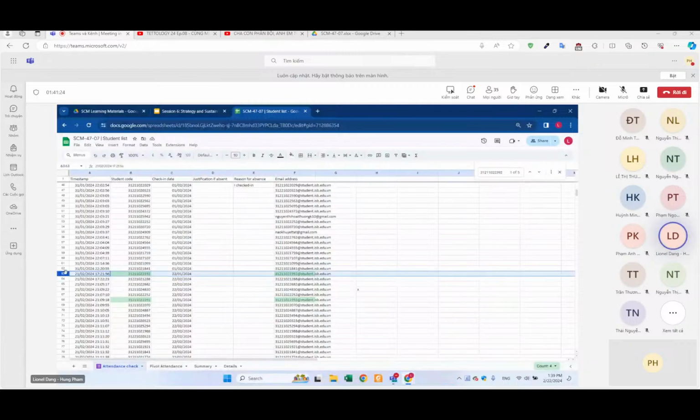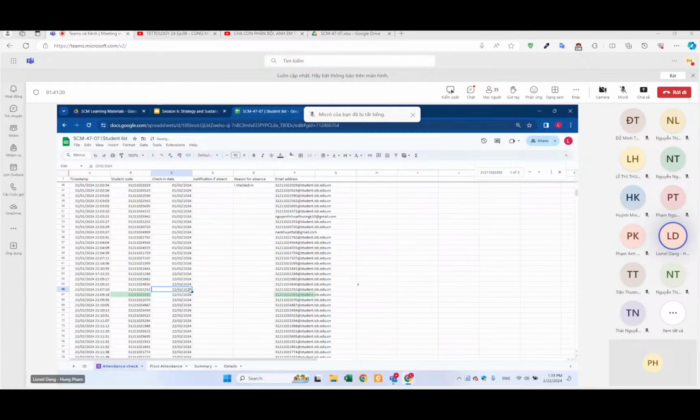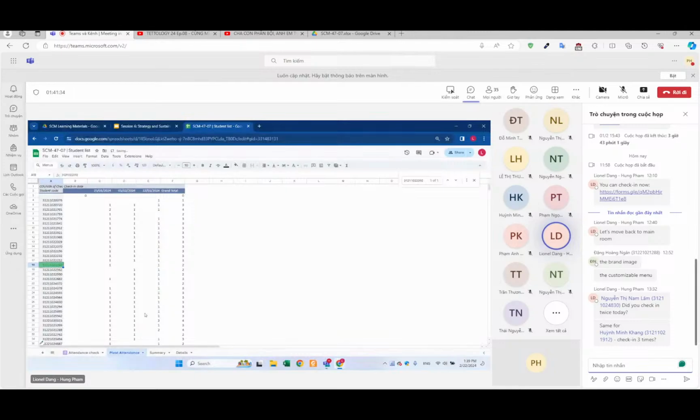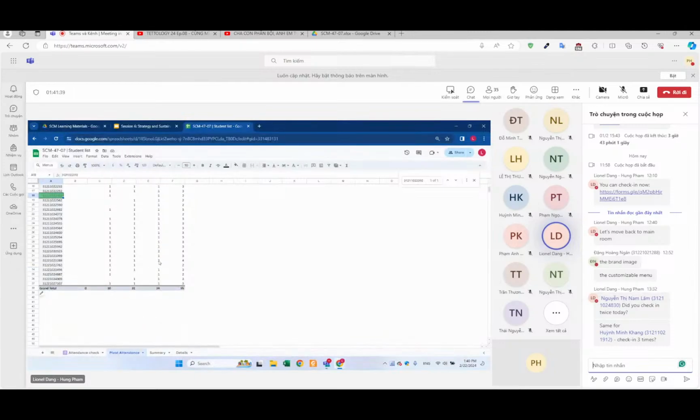So I just remove one for you, and then I will change this to February so it can be reported correctly. In order to check, you go to private attendance, and you see if your attendance is correctly reported or not.